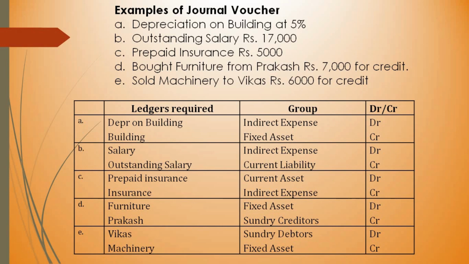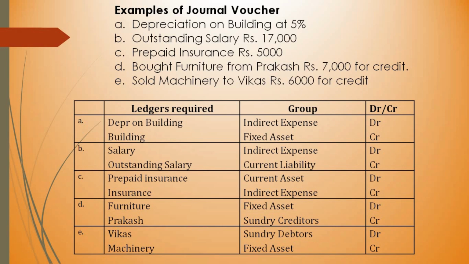And usually we put this also on the debit side. But in this case also, one should be on the debit side and the other on the credit side. So I said there is a rule for asset. If the value of asset is being increased, you put it on the debit side. So prepaid insurance, asset value increases, so you put it on the debit side.